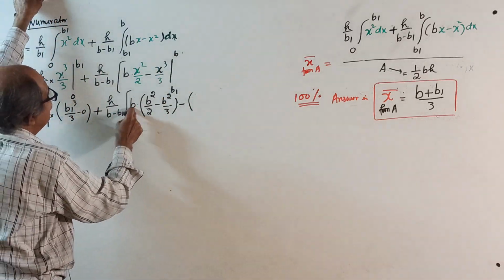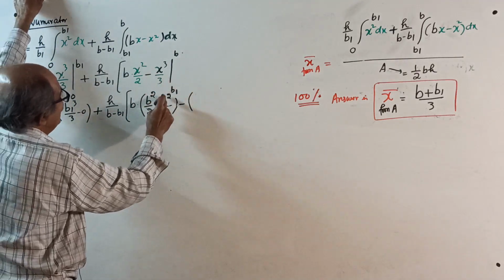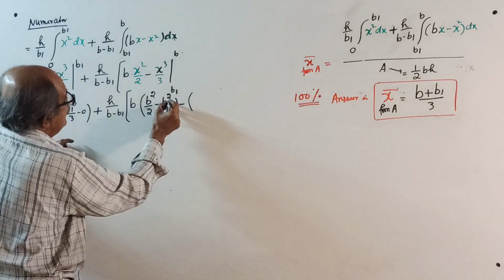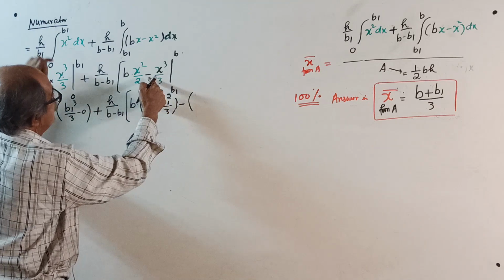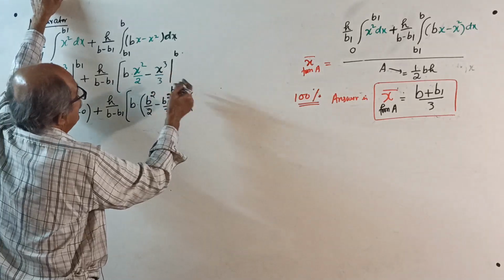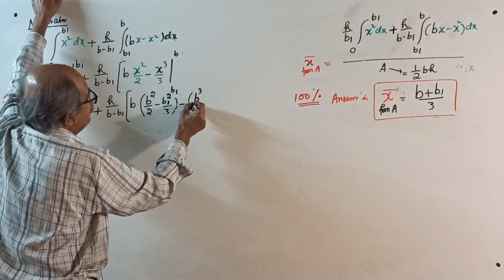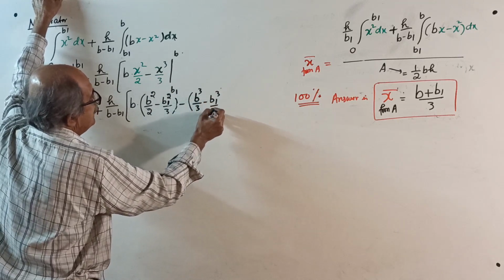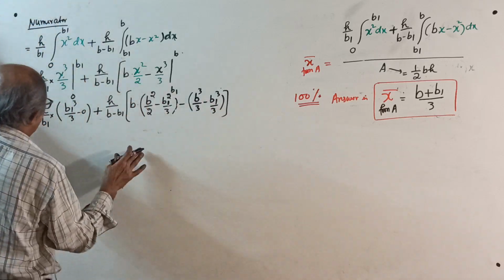Therefore, b into b square by 2 minus b1 square by 2 minus lower limit, x cube by 3 is b cube by 3 minus b1 cube by 3. Okay, everything is over.